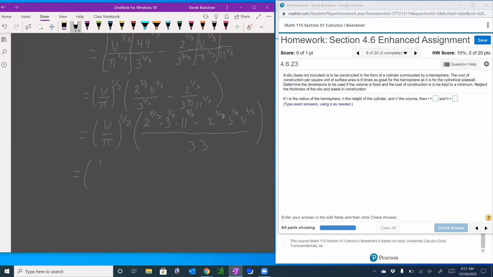One more thing that I want to do to simplify. I'm going to factor out a 2 to the 1/3, because both parts of the numerator have that in common, 3 to the 1/3, because both parts of the numerator have that in common, and an 11 to the 2/3 that I can factor out.